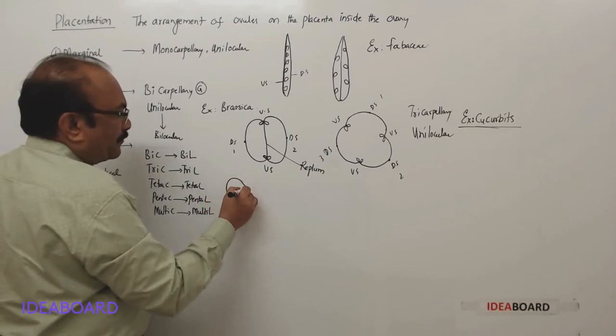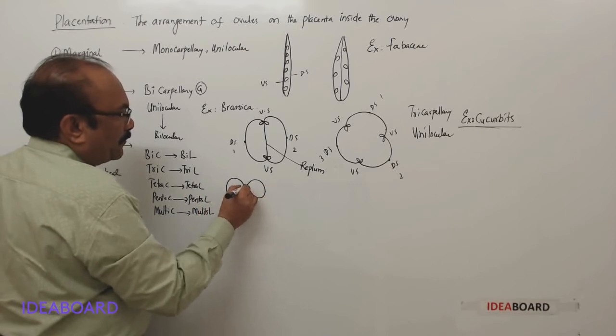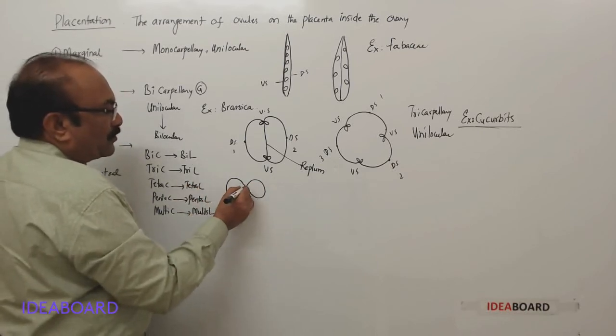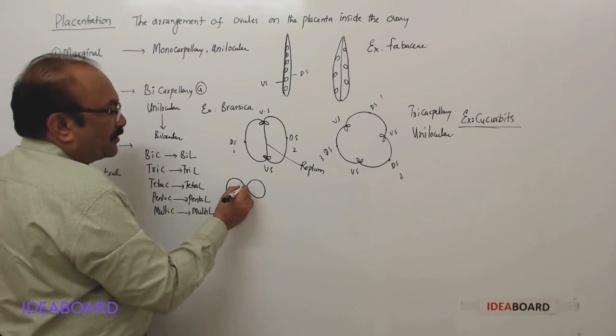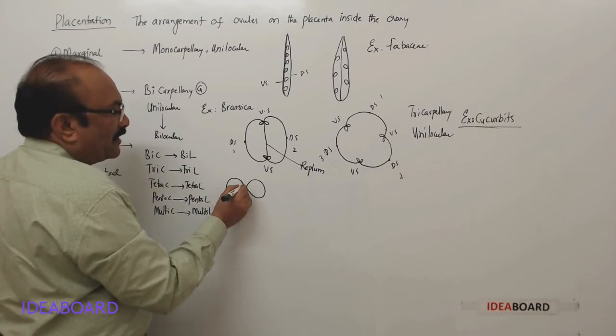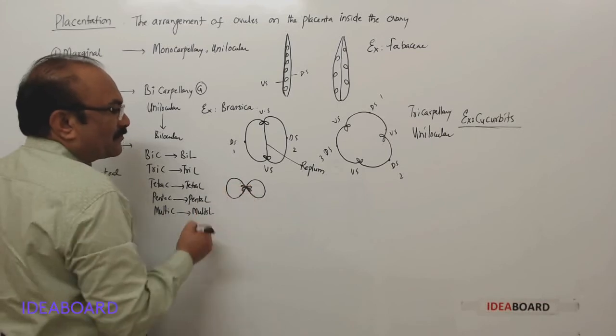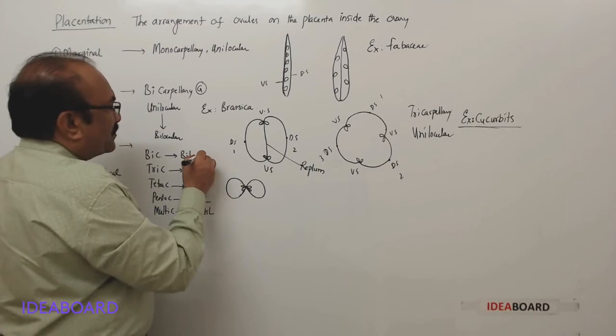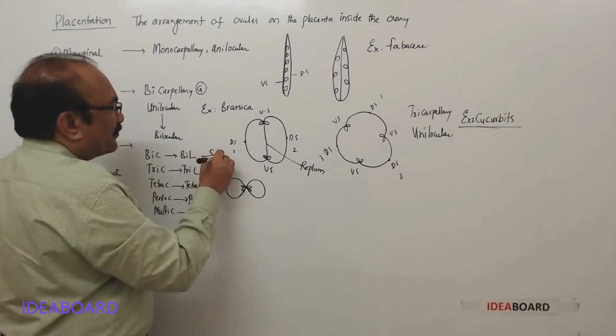You see here, this is bicarpellary, bilocular. As a result, the ventral sutures are merged here, and they are making one axis, and the ovules will develop here on this axis. So this is called axial placentation, and this you will find in Solanaceae.